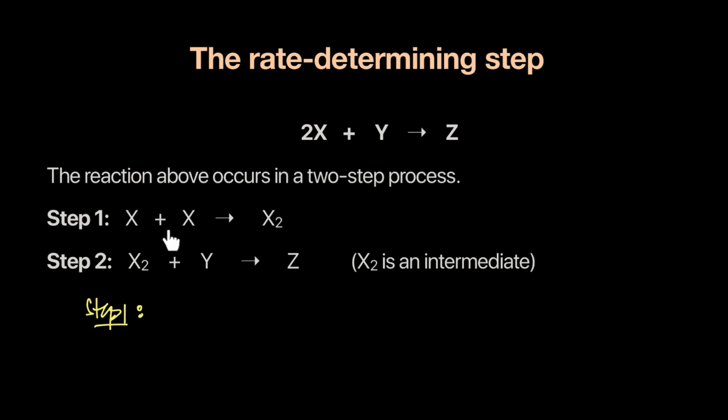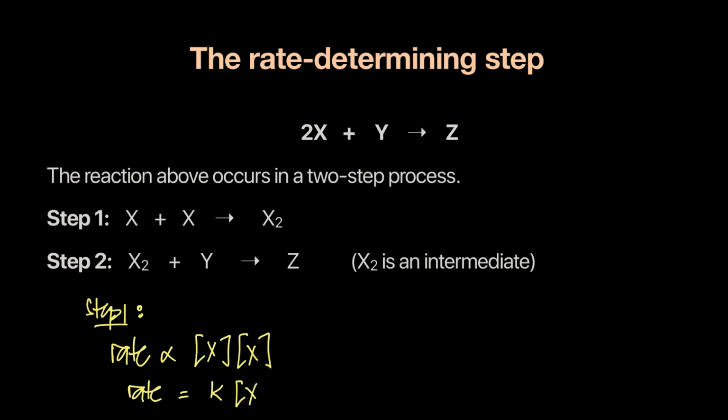But for individual steps, when you only have 2 molecules involved, the rate can be determined by just looking at the individual step. Since step 1 involved X and X, if you open this up, the rate equals k into X squared. That's step 1 for you.